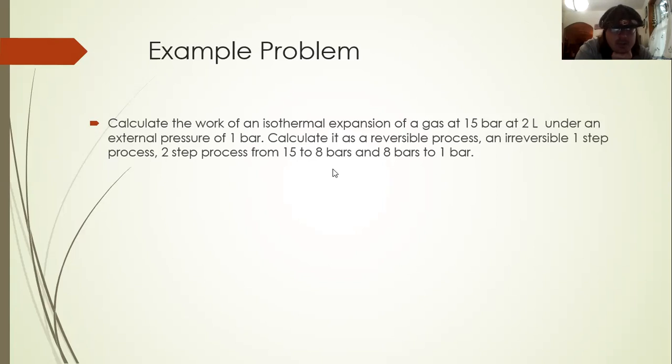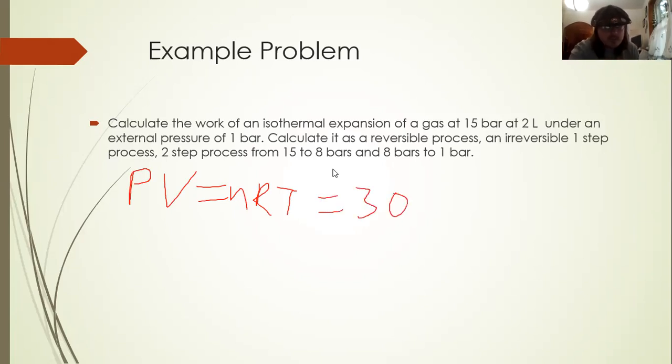And that isothermal expansion, we don't have a lot of variables we need, but it all comes back to PV equals nRT. The first situation, we don't care about nR, but we do care about T, or at least nRT. We're given it's 15 and 2, so nRT is going to be 30 for that first situation. Now, second situation, it's going to have expanded until it's at 1 bar external pressure.